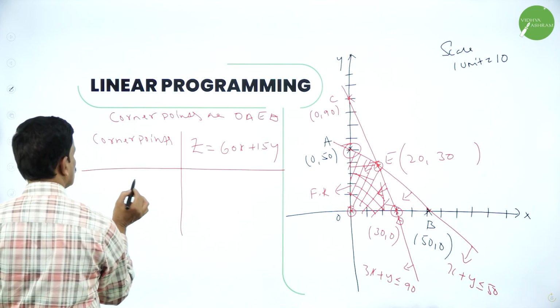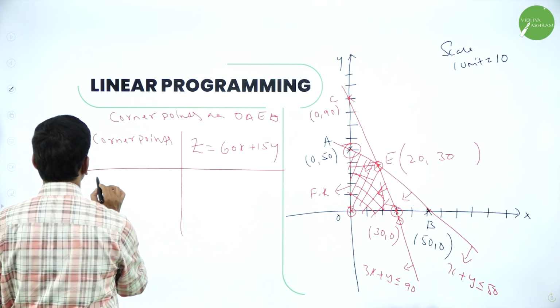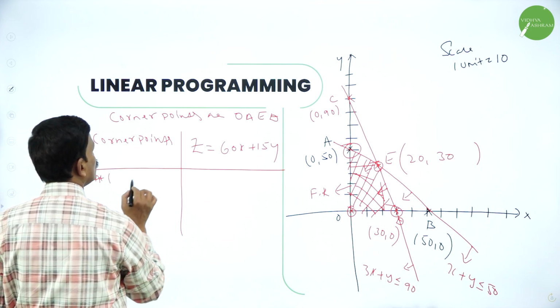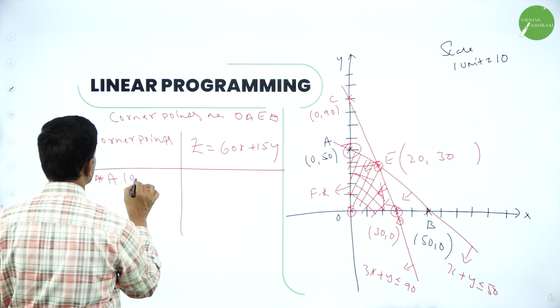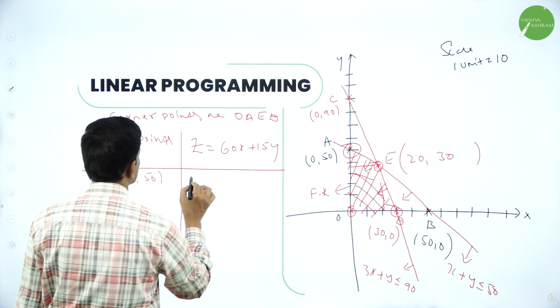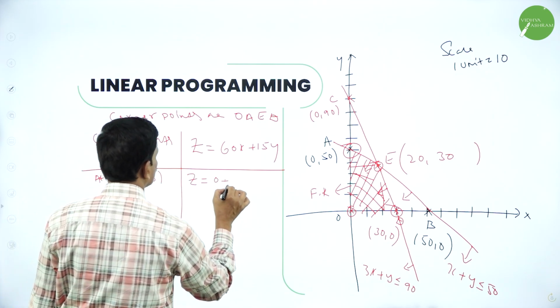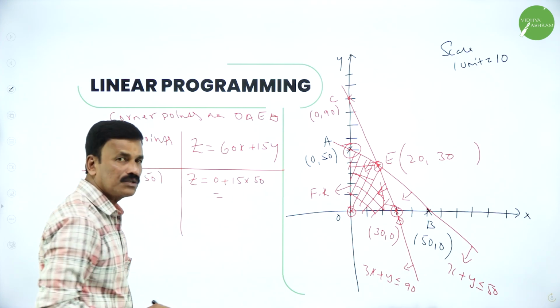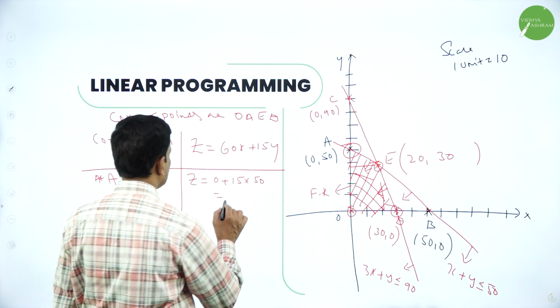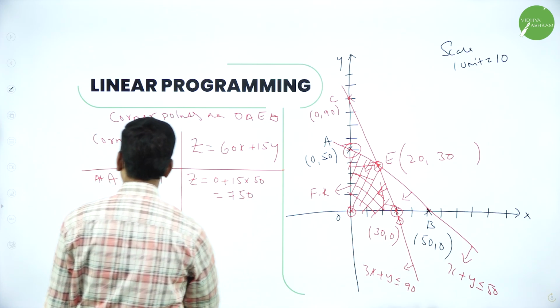Substitute here. At (0, 0) you will get 0. Then at A, what is A? A is equal to (0, 50). Z is equal to 0 plus 15 into 50. 15 into 50. So 15 fives are 75, so 750. Right.